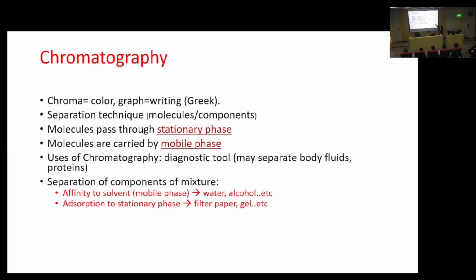So for separation to occur in chromatography, you need two things. You need a mobile phase and a stationary phase. In the picture that I showed you, the mobile phase is the water, the drop of water, okay? It is basically the solvent that will carry your molecule, all right?